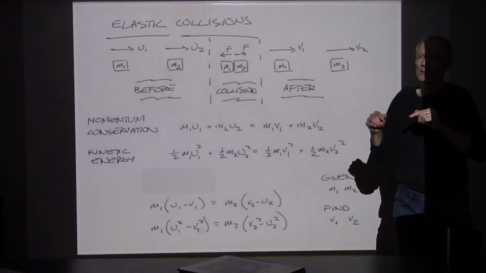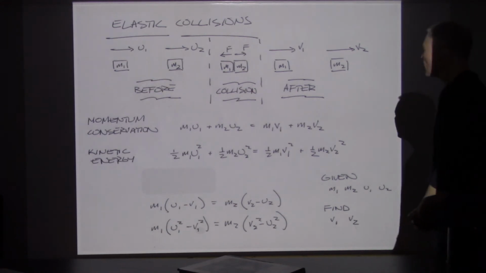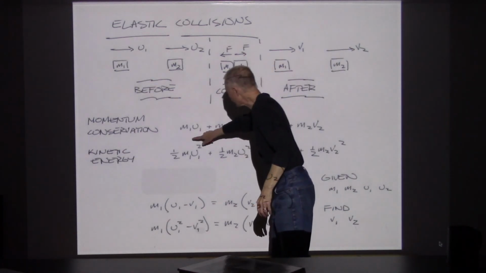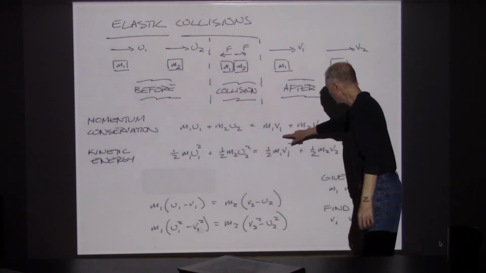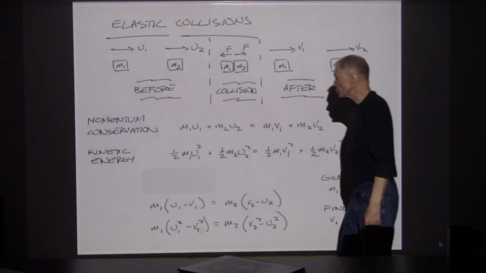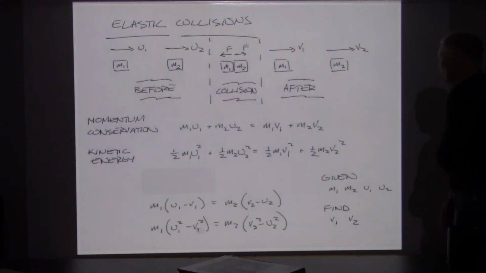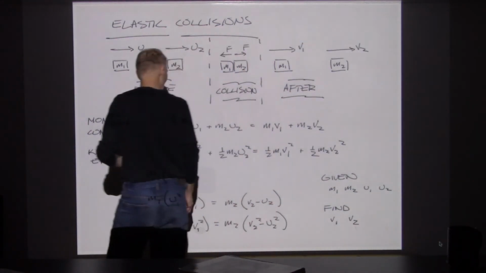That's one dimension so far. We're not looking at angles or anything. And then the kinetic energy formula would say that the kinetic energy, 1/2 m1 u1 squared plus 1/2 m2 u2 squared equals 1/2 m1 v1 squared plus 1/2 m2 v2 squared, except those guys are u's instead of v's. All right, how are we going to solve these?